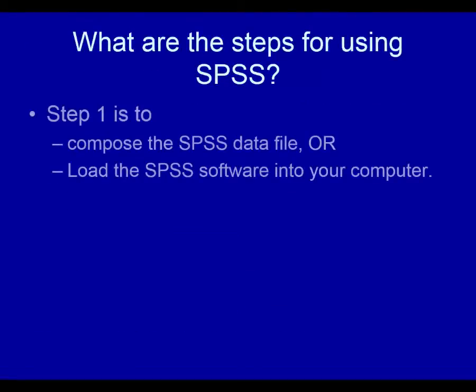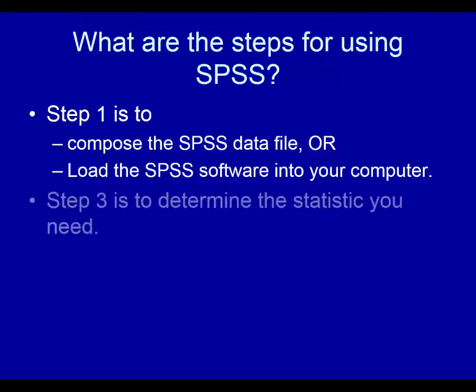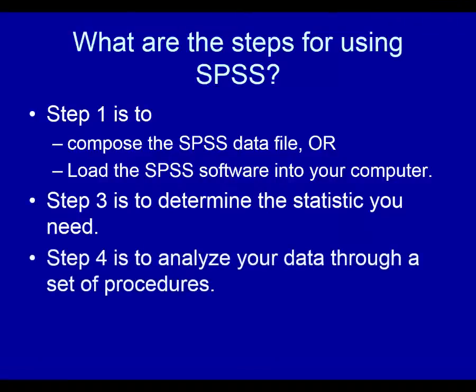The steps for using SPSS, step 1 is to compose the SPSS data file or load the SPSS software into your computer. Well, you need to load the SPSS software before you can do anything with it. So the second option there is step 1. Step 3 is to determine the statistic you need. Step 4 is to analyze your data through a set of procedures.